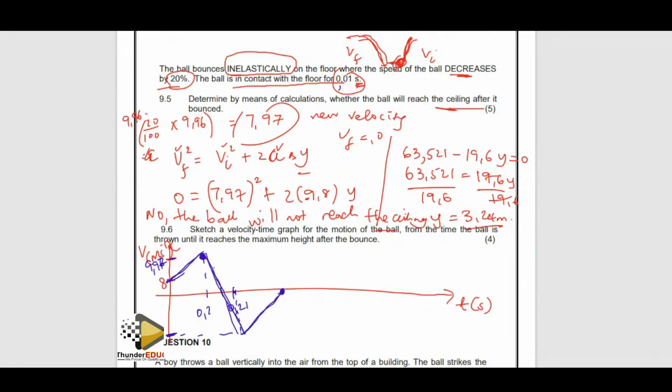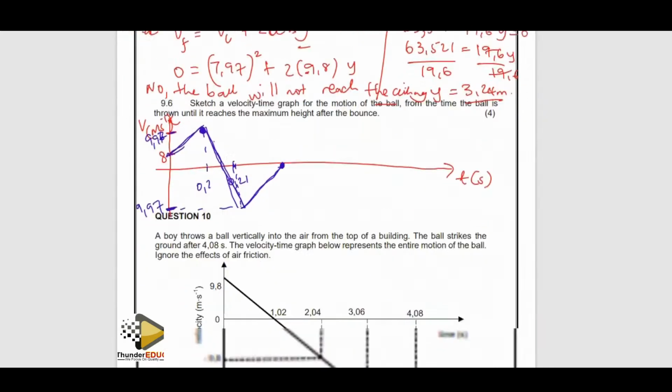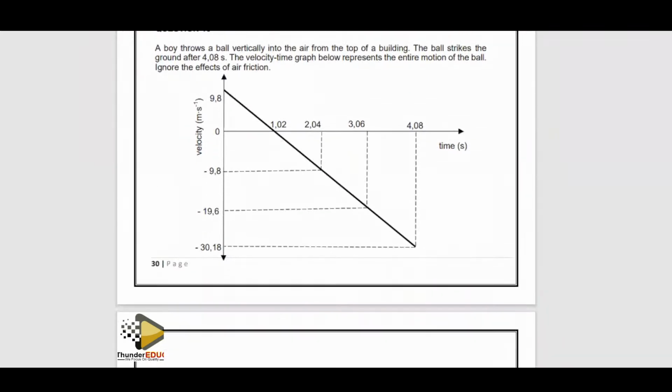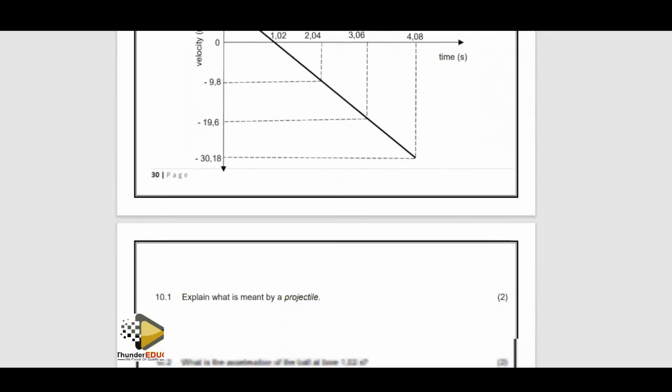Okay, and then lastly, question number 10. Telling us a boy throws a ball vertically into the air from the top of a building, and then the ball strikes the ground after 4.08 seconds. The velocity time graph is being drawn for the entire motion. Ignore the effects of friction. Okay, there is our definition question. What is a projectile?